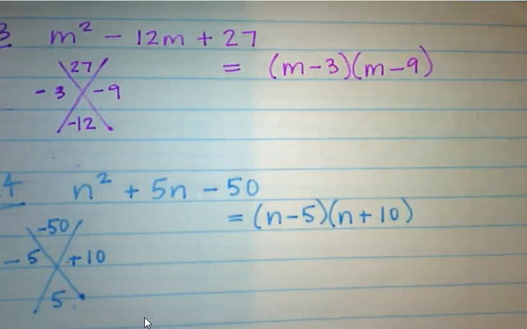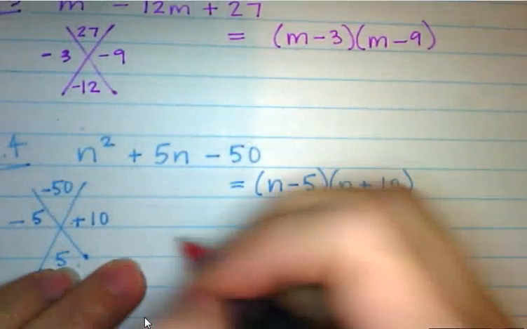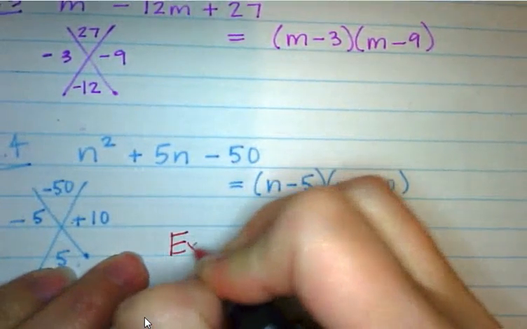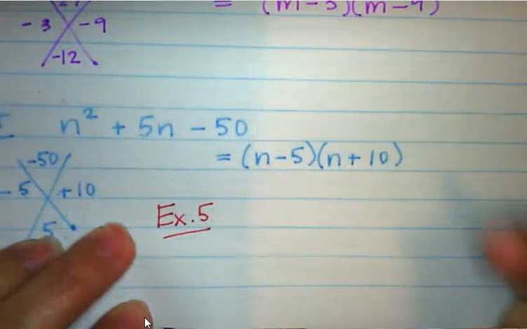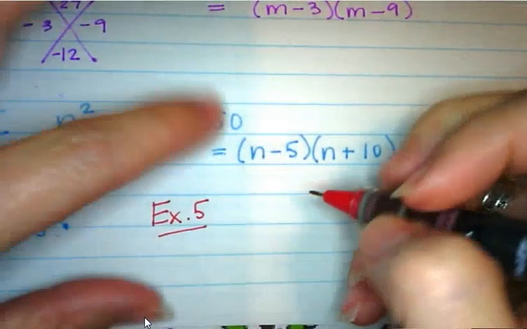All right, one more problem just to cover more variables. So I'm going to do example 5 right here. We can have more than just one variable.